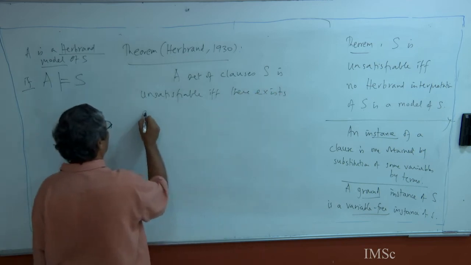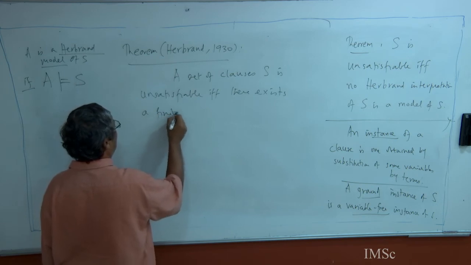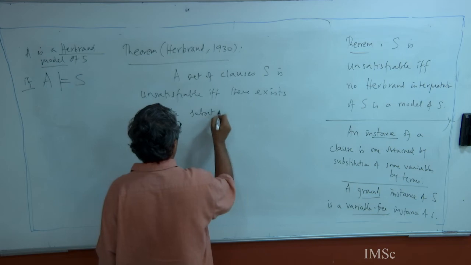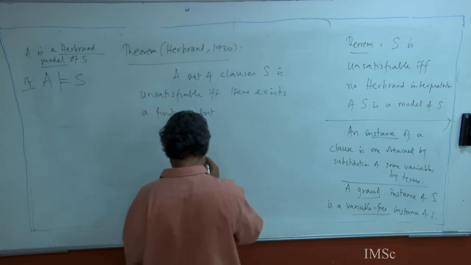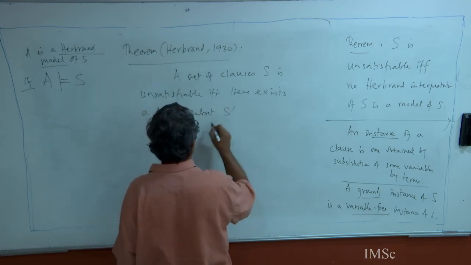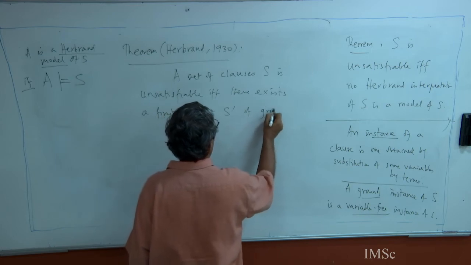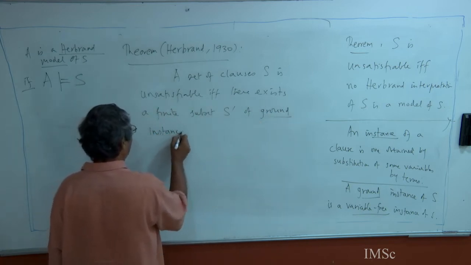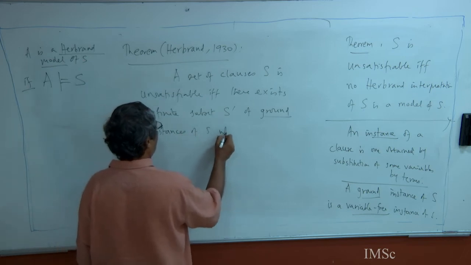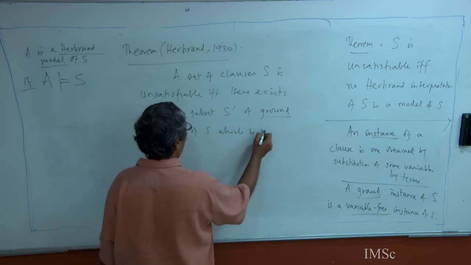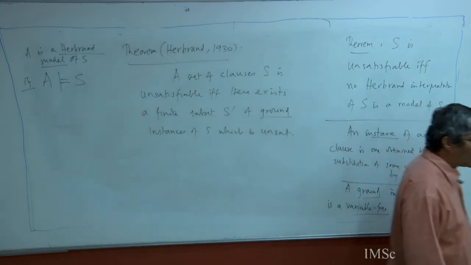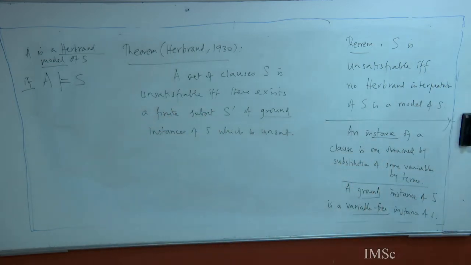There exists a finite subset S prime of ground instances of S. So if you wanted to refute a formula, you write it in clausal form.